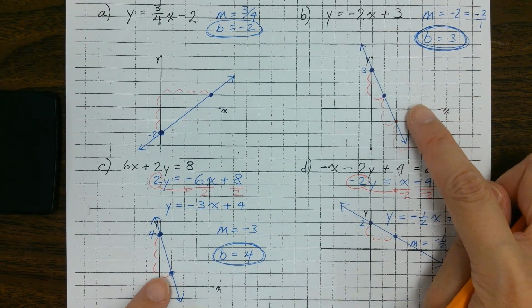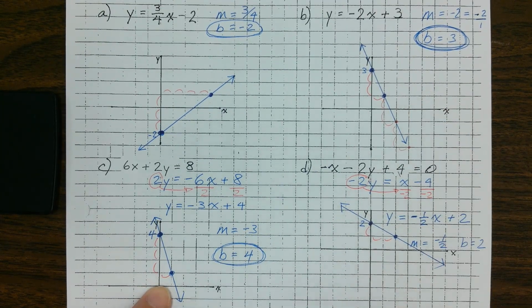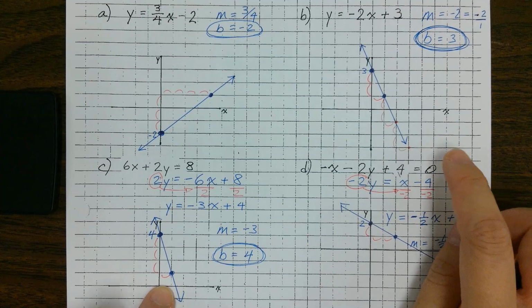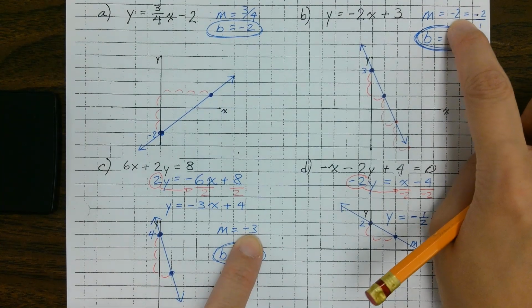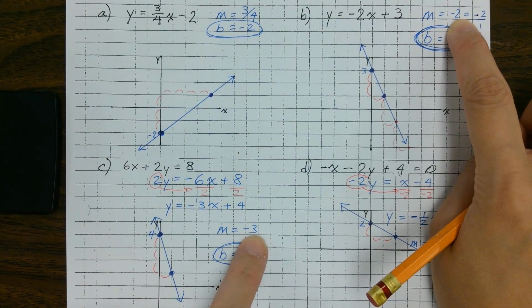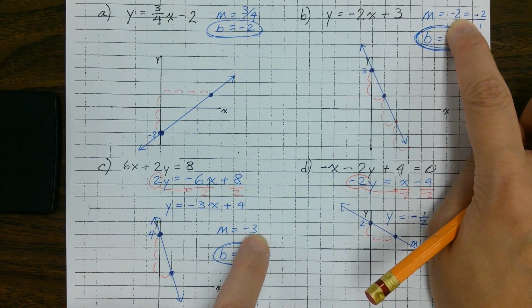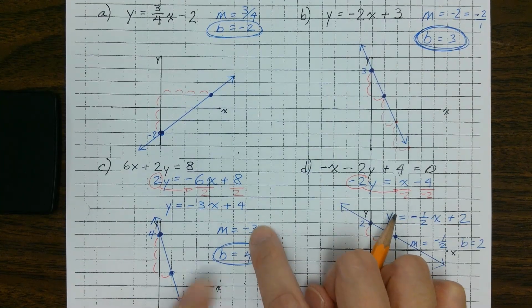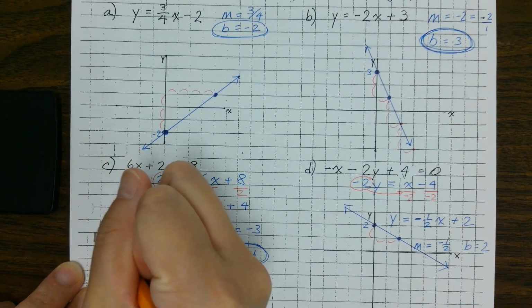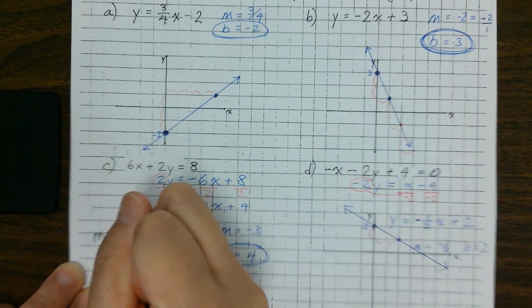How do I tell which one is more steep? You look at the slope, -2 and -3. The higher your slope, the steeper your line. So even though -3 is a smaller number than -2, we take just the number itself. So this is the most steep.